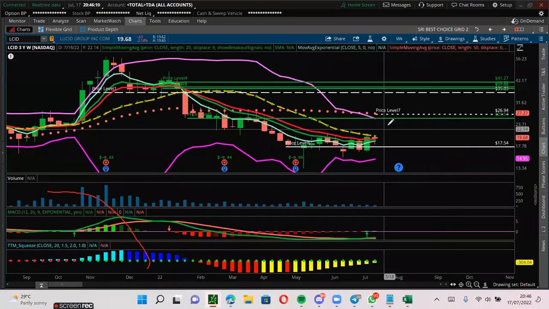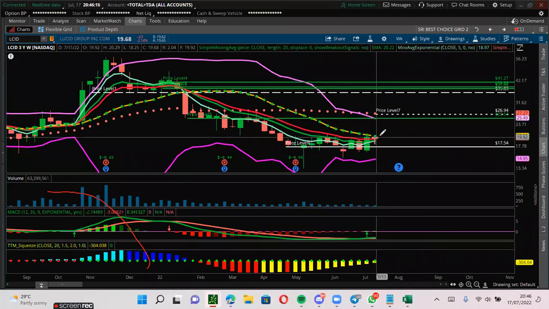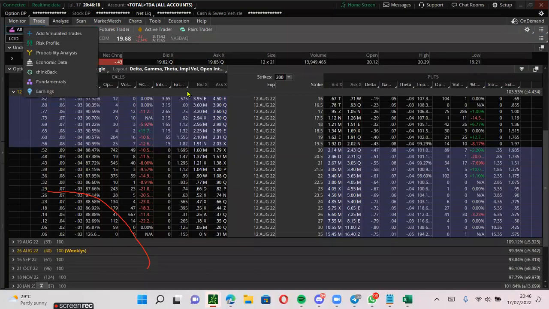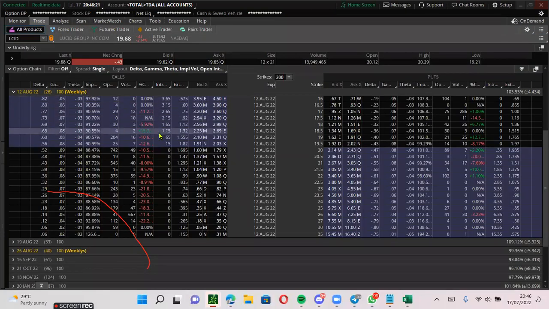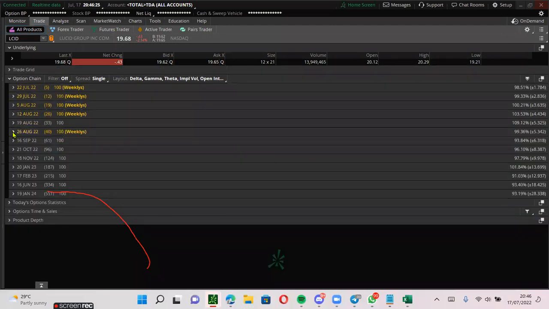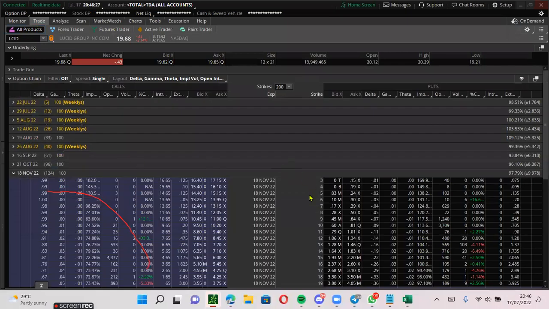By the time it's going to come back up, you can expect the time decay and everything. So that's the reason to start looking at selling some of the far out of the money calls at 12th August, let's say 18 November.